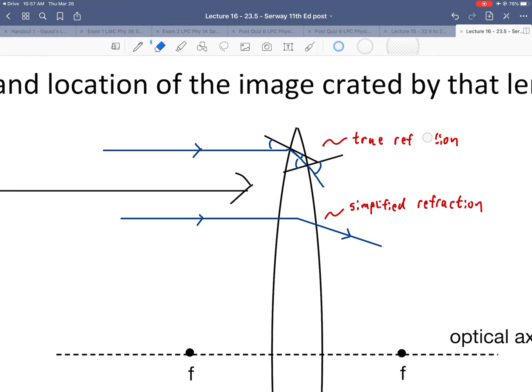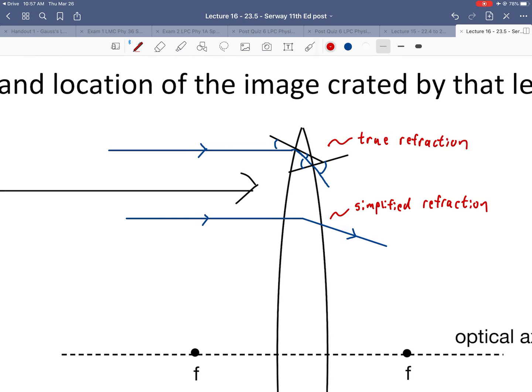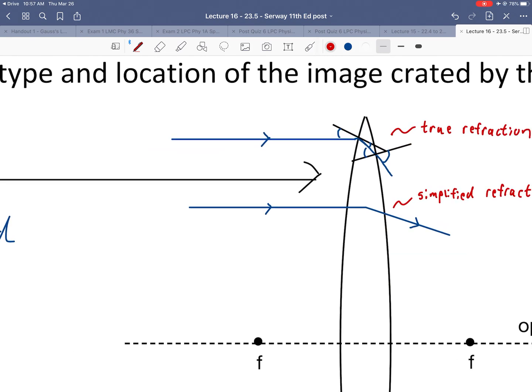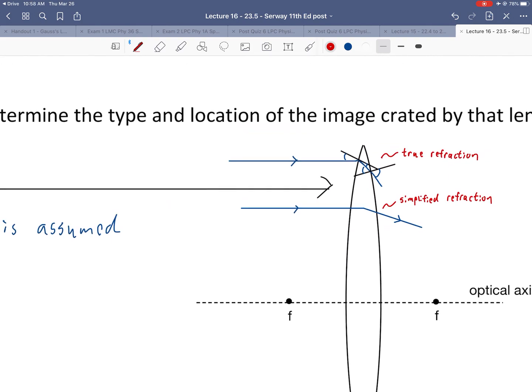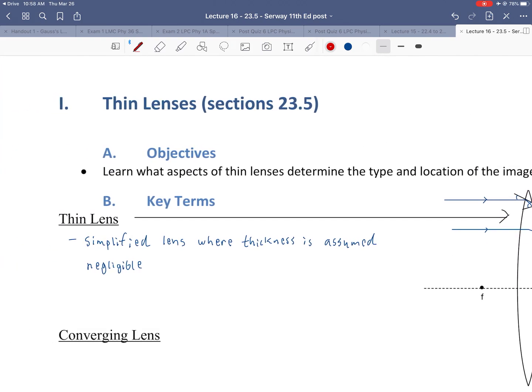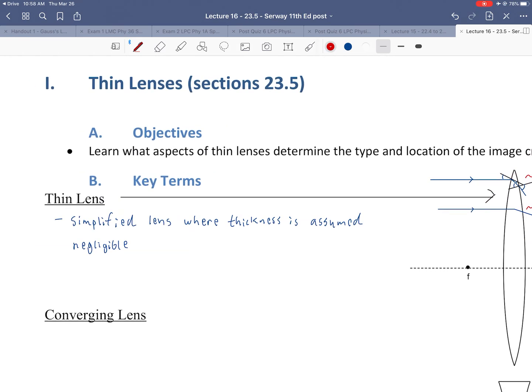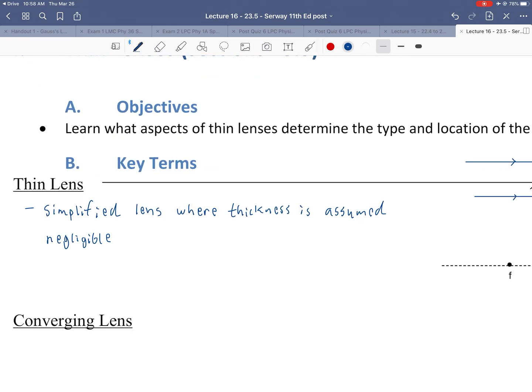Let me spell that correctly. Okay. So what we want then to point out in that definition is that the simplified lens has thickness assumed negligible, and then to say that this allows for consideration of just one point of refraction.